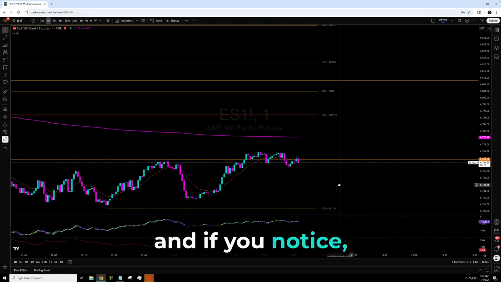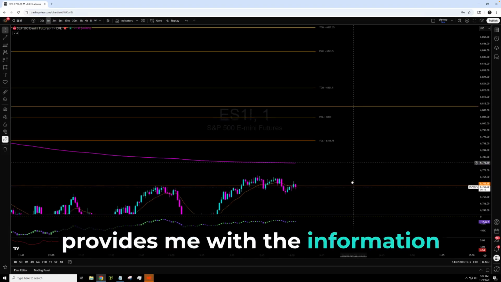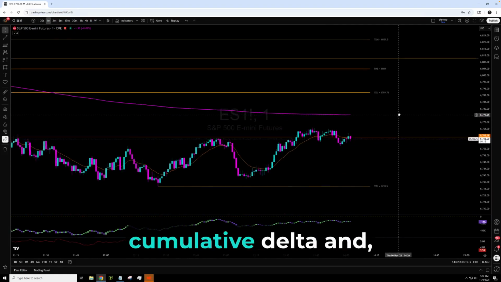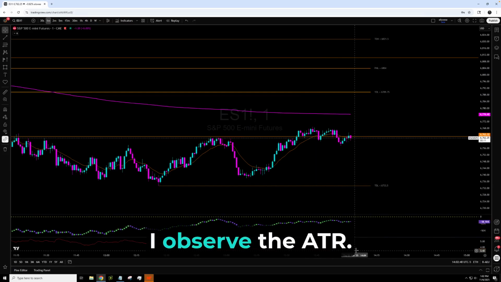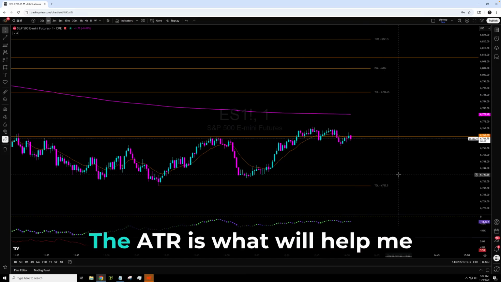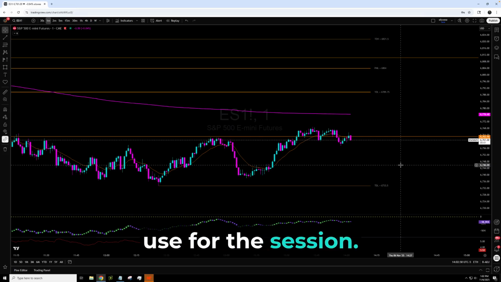And if you notice, I have an indicator that provides me with the information of the levels. I have the cumulative delta, and very importantly, I observe the ATR. The ATR is what will help me determine what ATM I will use for the session.